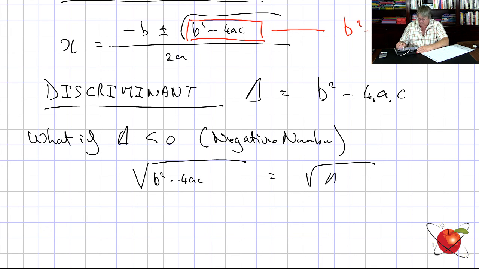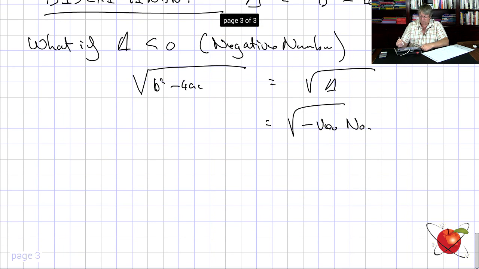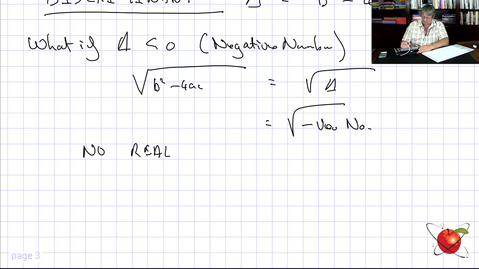That's the same thing as taking the square root of delta. But delta is negative, which means we're taking the square root of a negative number. What does that mean? Well, you can't. It actually means that this has got no real roots.